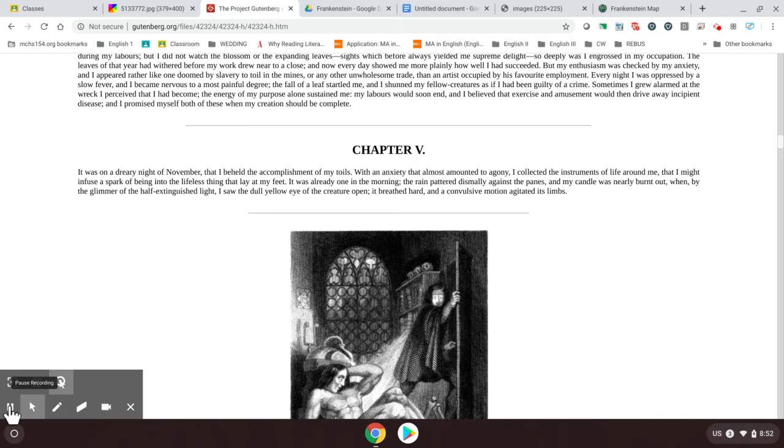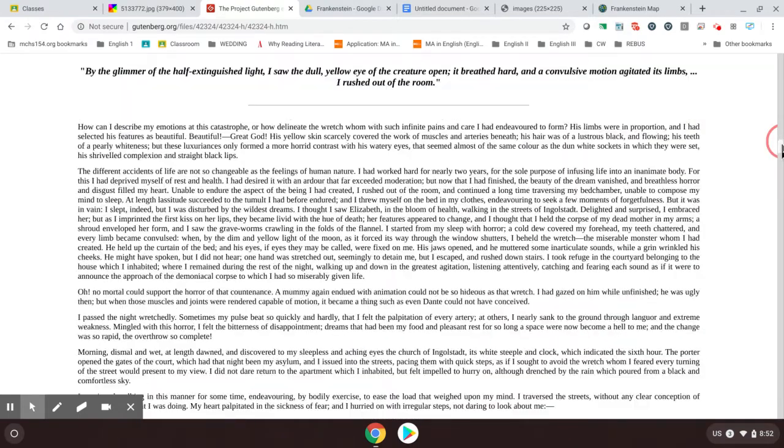"His yellow skin scarcely covered the work of muscles and arteries beneath. His hair was of a lustrous black, and flowing, his teeth of a pearly whiteness, but these luxuriances only formed a more horrid contrast with his watery eyes that seemed almost the same color as the dun white sockets in which they were set, his shriveled complexion and straight black lips." So we're given this really repulsive description of the monster.